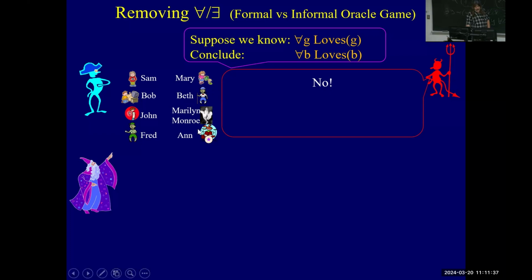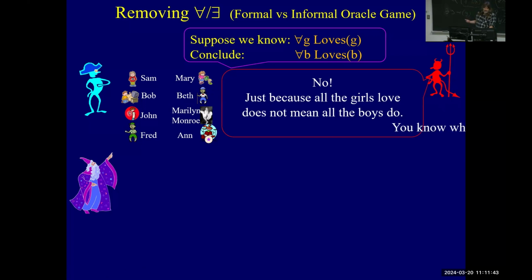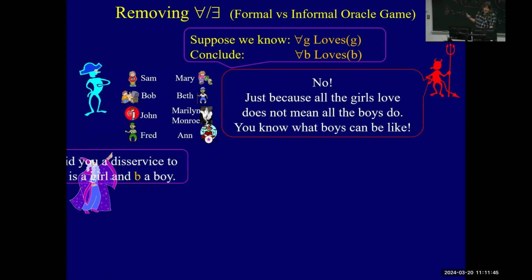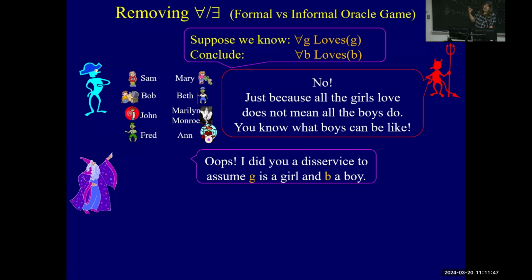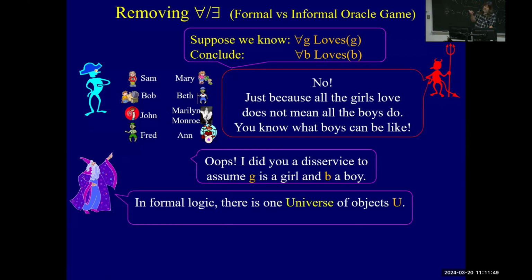But we don't do that here. In our formal world, there's one universe of objects. So if you say for all G, for all B, it means universally. So you can go from one to the other. Everybody see that?